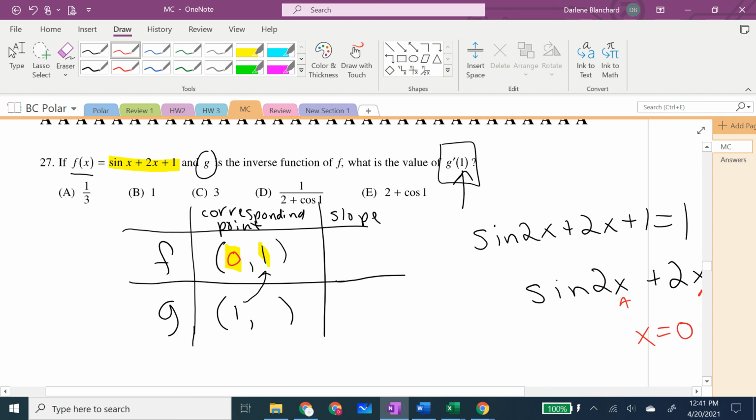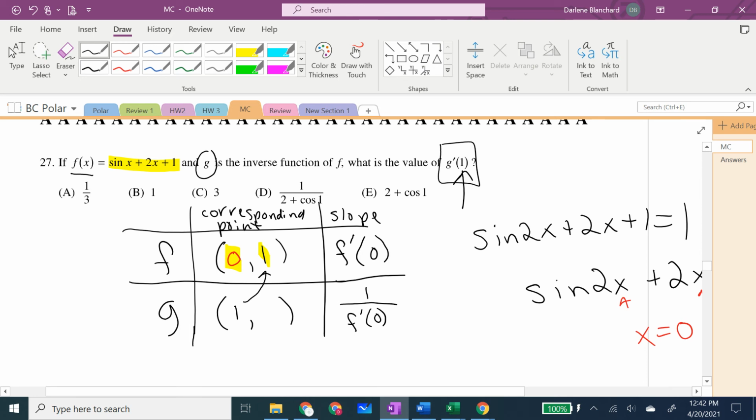Now, if I find the slope of f at this point, that means I'm finding f prime of 0. The derivative of g at the corresponding point is the reciprocal of what I get from that slope.